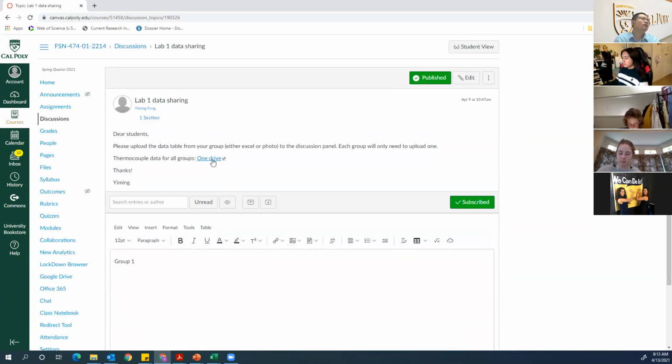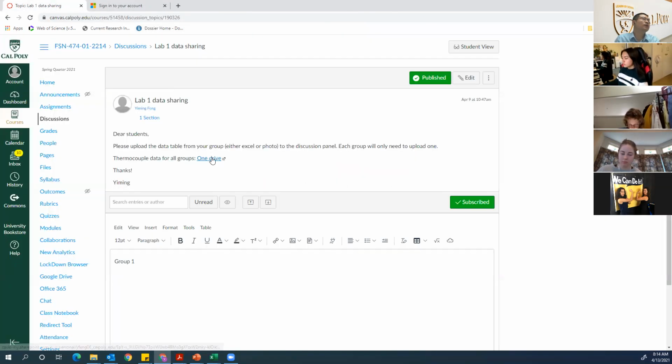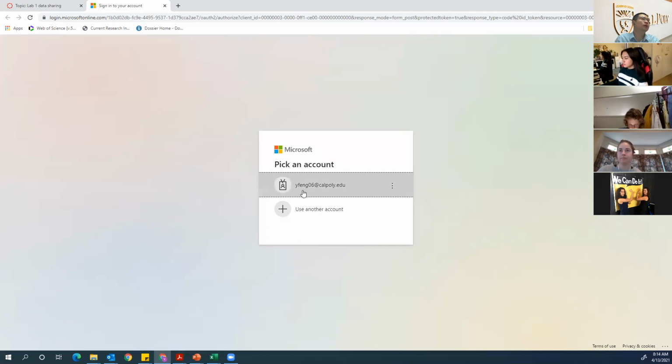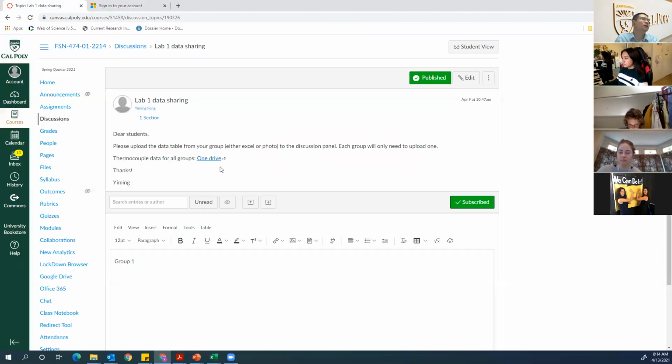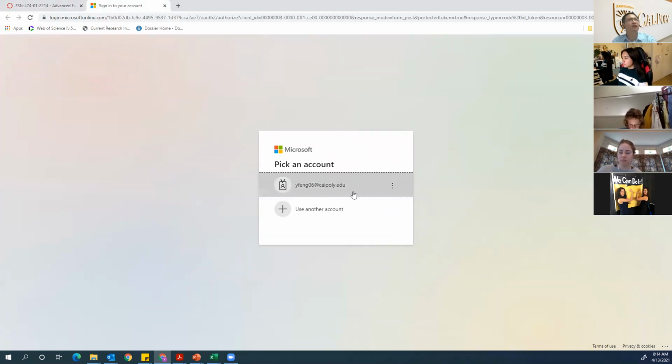And for me, I also shared the thermocouple data from here. As you can see, if you click this link, it will direct you to the OneDrive. It will be a shared OneDrive, where you can find all the experimental data. Let me know if you have problems accessing this folder, because previously when I shared through Cal Poly OneDrive, there are always some students who had trouble with the access.